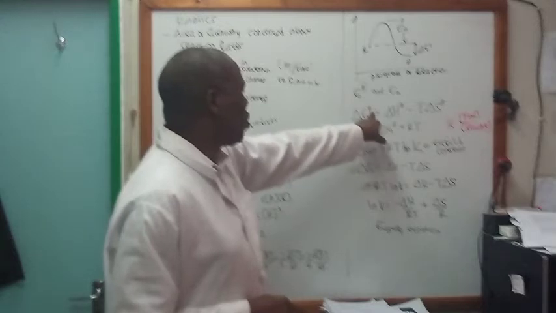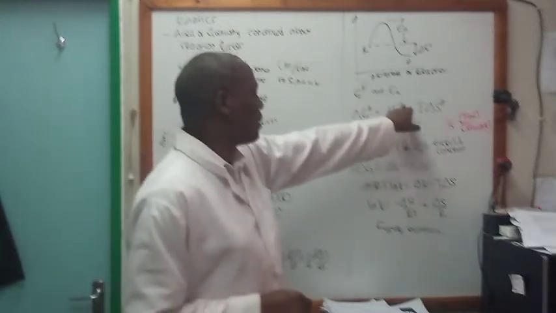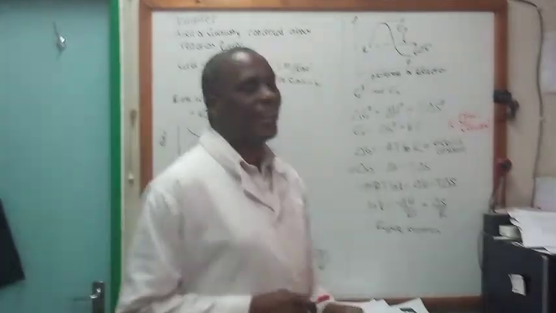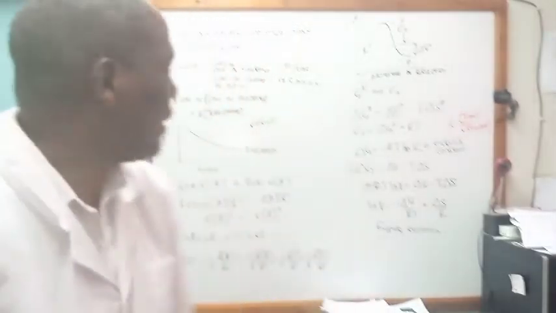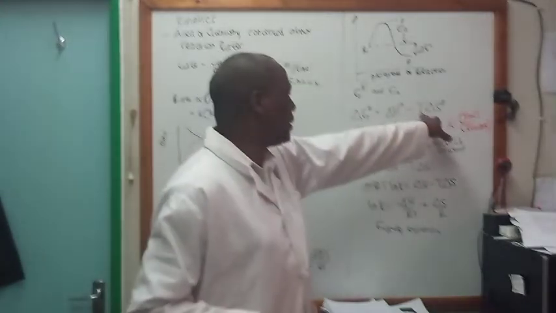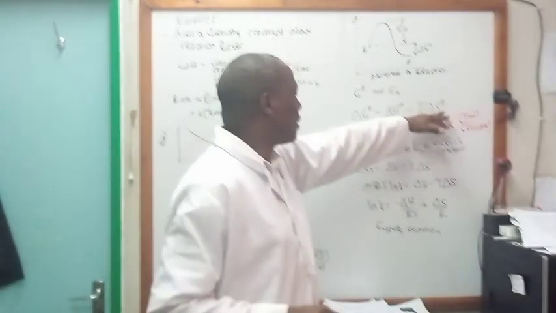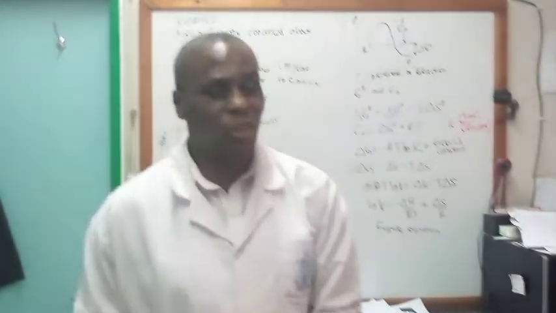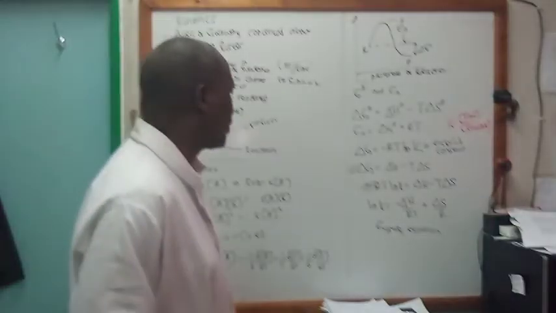Delta G of activation is given by delta H of activation minus the absolute temperature multiplied by the entropy of activation, just the same as delta G naught is equal to delta H naught minus T delta S naught. So for activation, you're going to be looking at the reaction under those conditions.